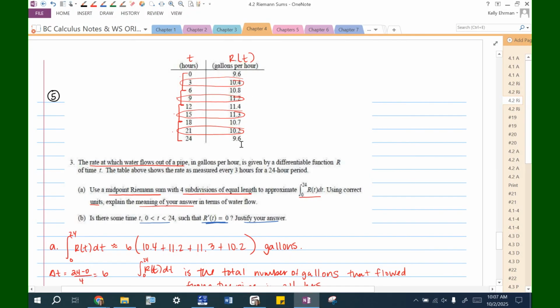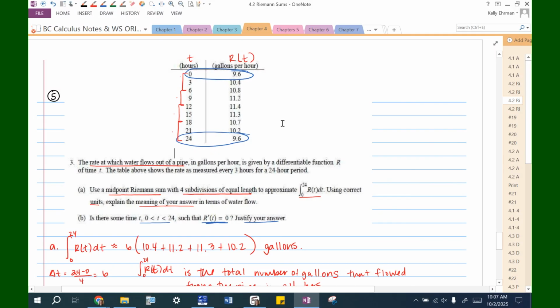Are there any times that have the same y value? So let's see. Yes, on the ends, 9.6 and 9.6. If there were anything in the middle here that matched, that would be another indicator that yes. Okay, so the average rate of change from 0 to 24 is going to be 0.